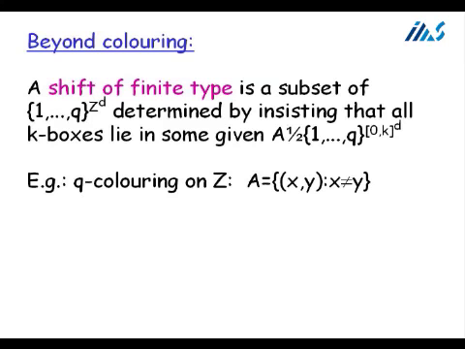If you look at any block, and if you look at blocks, they lie within some set of valid configurations. So for example, for colorings, the valid configurations are that adjacent vertices have to have different colors.